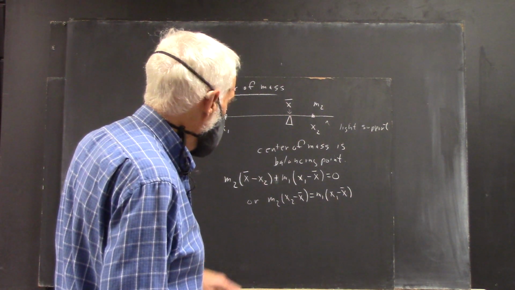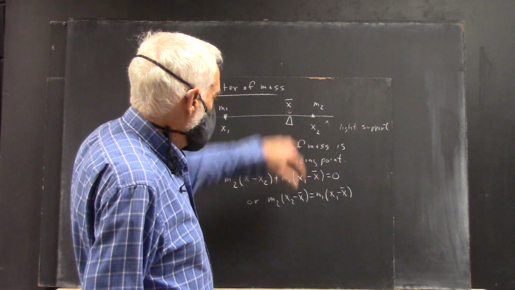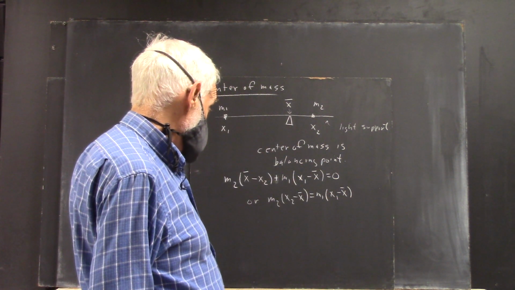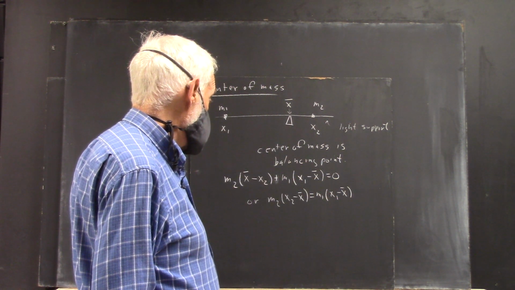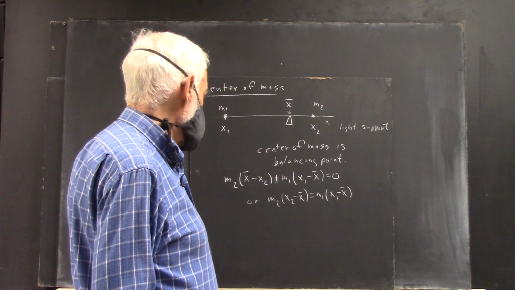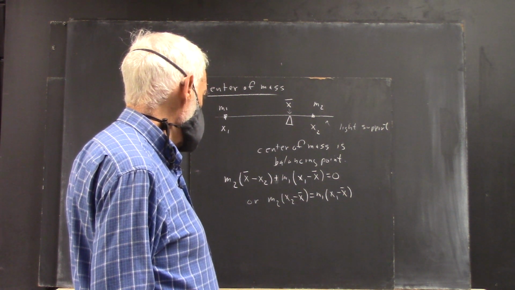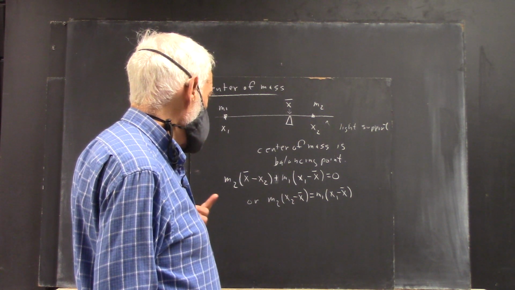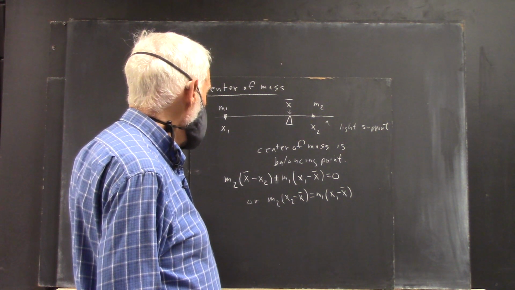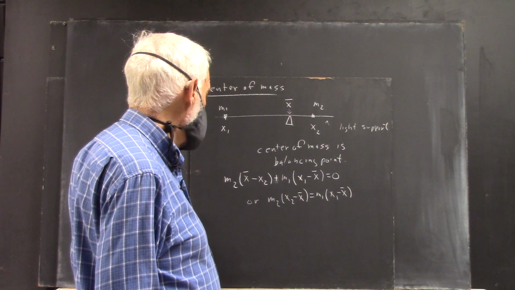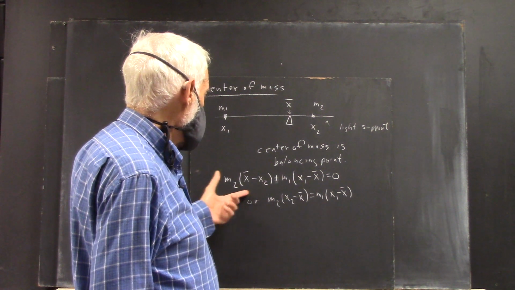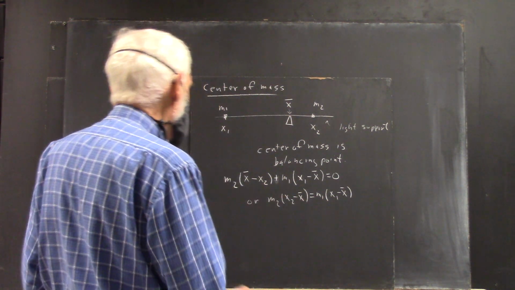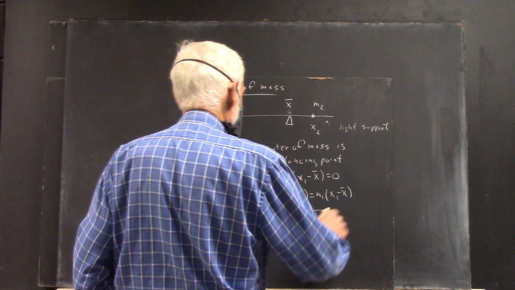Another way of saying it is the rotational influence of this equals the rotational influence of this. And I don't think I wrote that down correctly. It's not equivalent. It's equivalent to this. This is negative, this is positive, they add up to 0. Well, anyhow. That's what it comes down to.